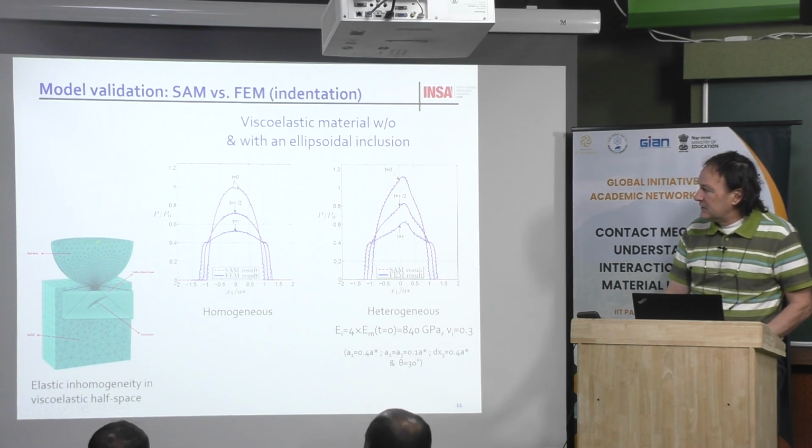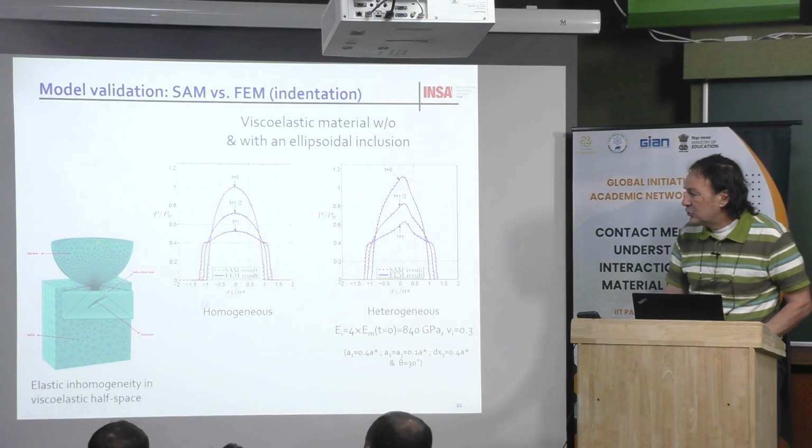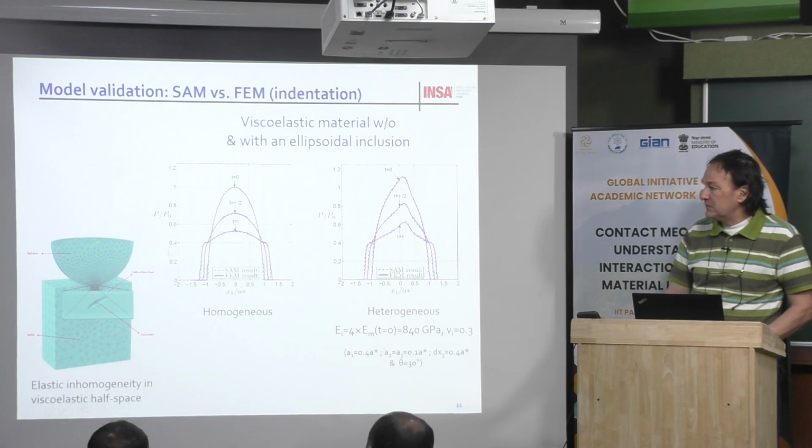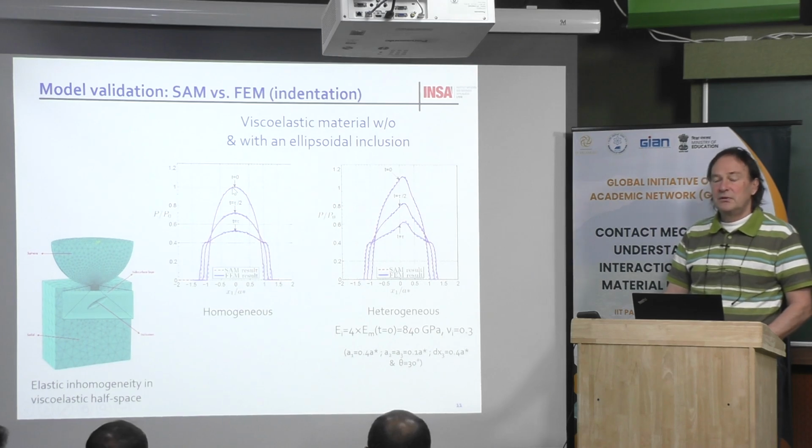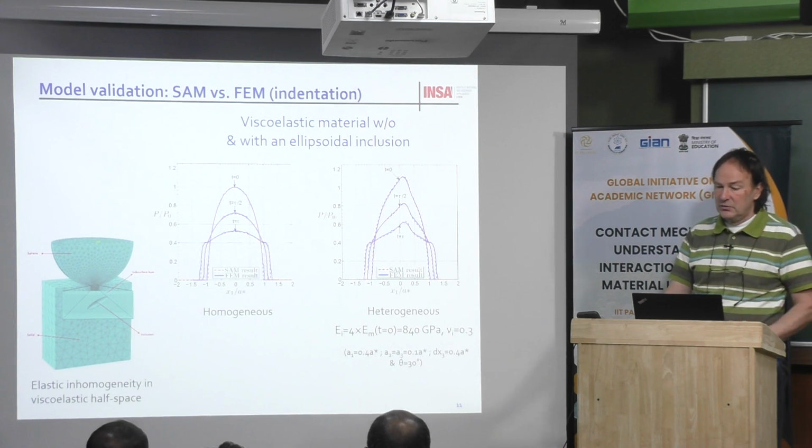This is for the homogeneous body without any inclusion. As I said before, when you start to load, this is the classical Hertzian pressure distribution, which corresponds to the Young modulus at t equals 0, when you have an instantaneous load, what we call E0.